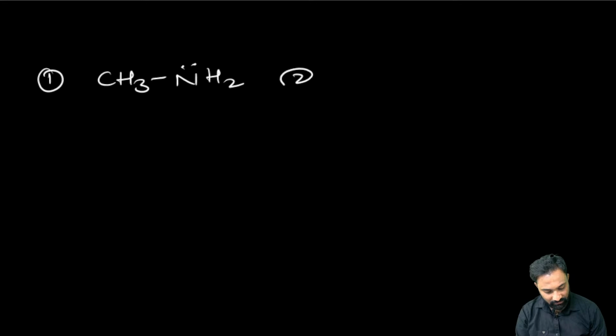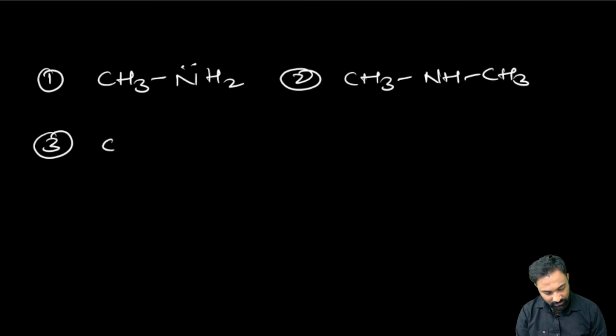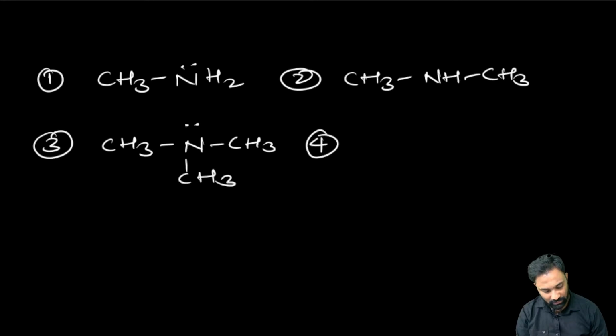Suppose they have given CH3NH2, one methylamine, and the second one CH3NHCH3, and the third one, a 3-degree amine, and the fourth one NH3.